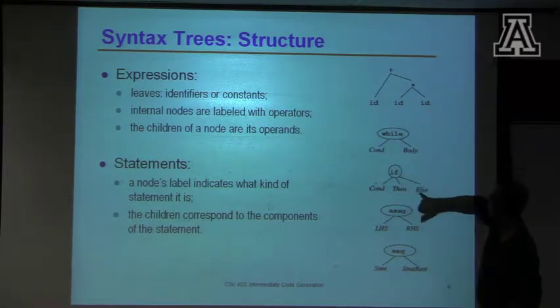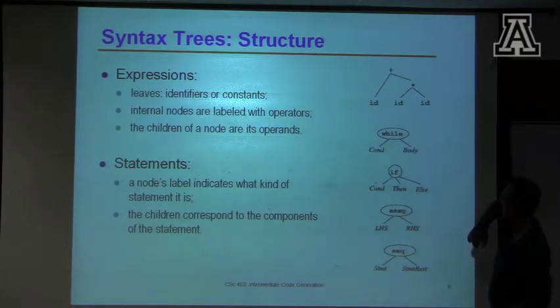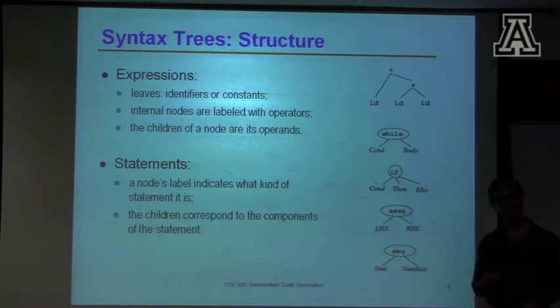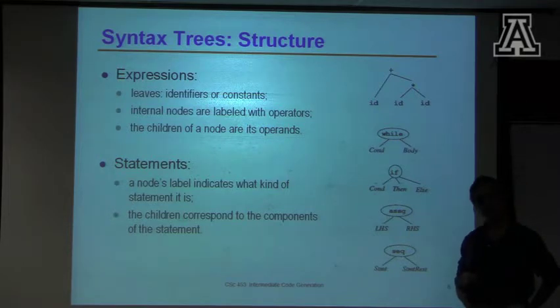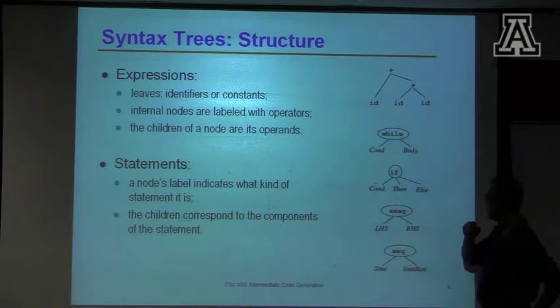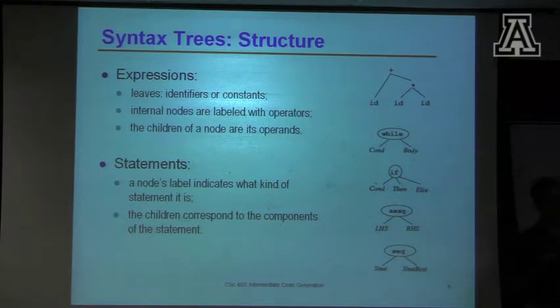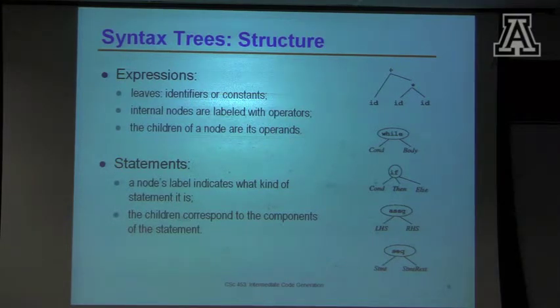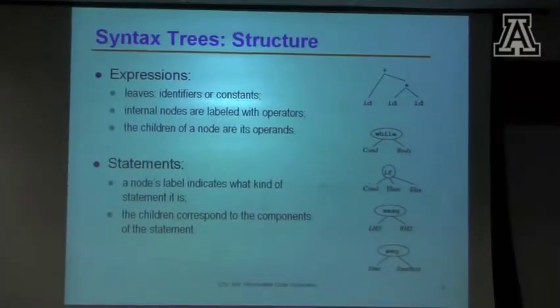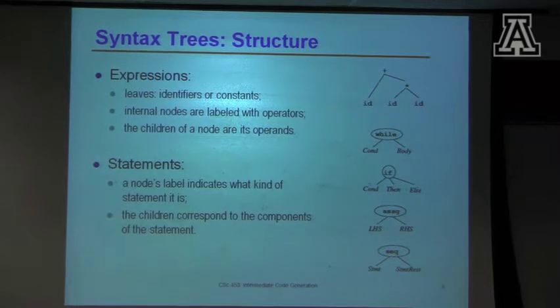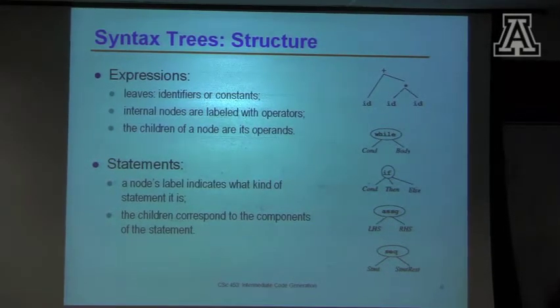And if has 3 children. I'm trying to think of any that have more than 3. A switch has arbitrarily many. That's an interesting one. I don't like programming up things that have an arbitrary number of children. So it's an interesting question of how one would program that up, a switch.